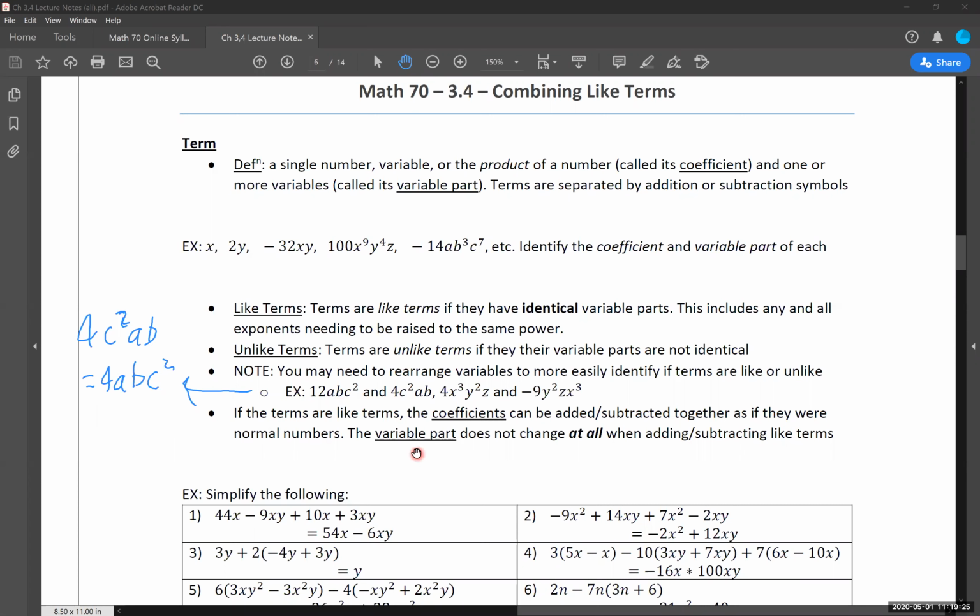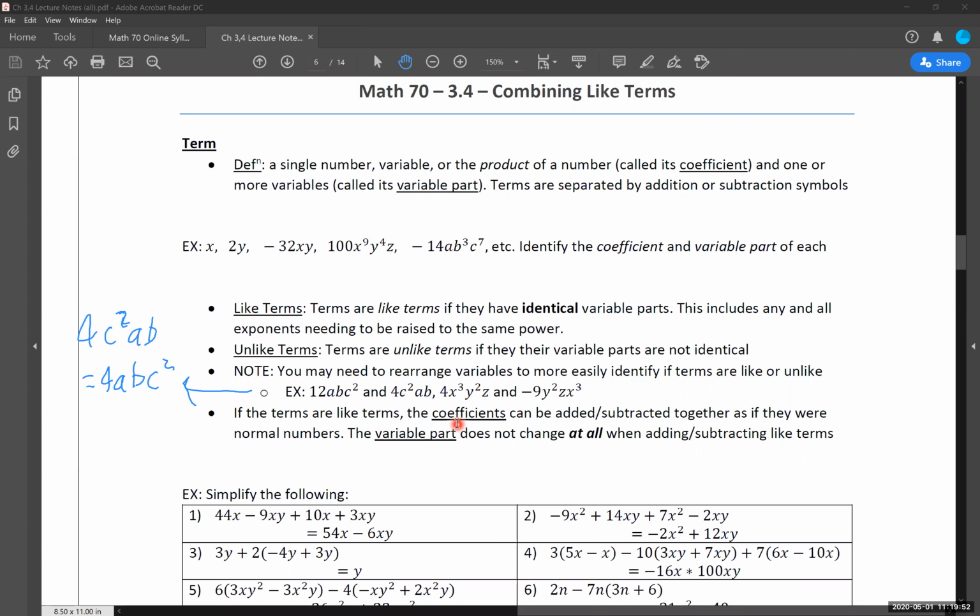The variable part does not change at all. It stays the exact same when we are adding or subtracting terms together. All that is changing is the coefficient, the number out front. So the variable parts stay the same. The coefficients are the only parts that are changing if we can combine like terms.